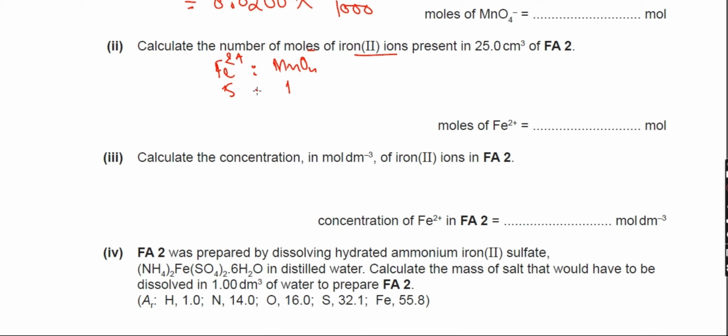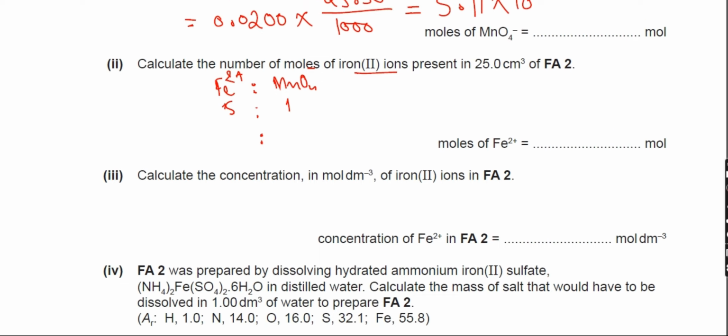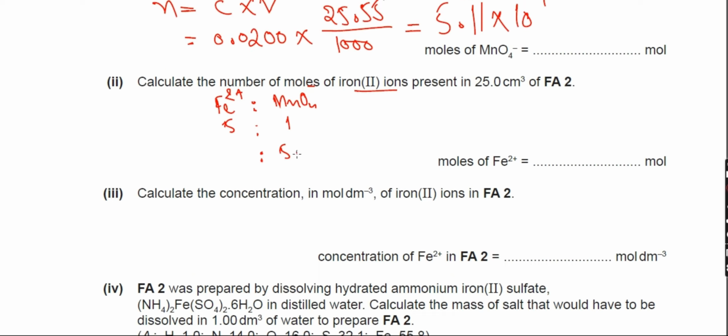So when we have this ratio, and originally the moles of manganate we calculated was 5.11 times 10 raised to the power minus 4, what should be the moles of iron 2 ions? Just multiply it by 5. So the answer, multiply by 5, we got 2.55 times 10 raised to the power minus 3. Again, unit is given.